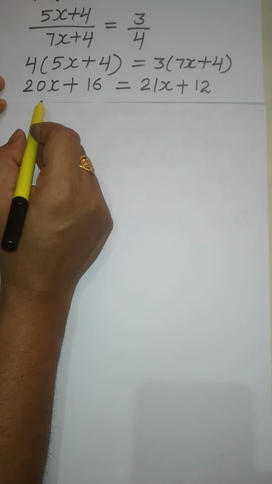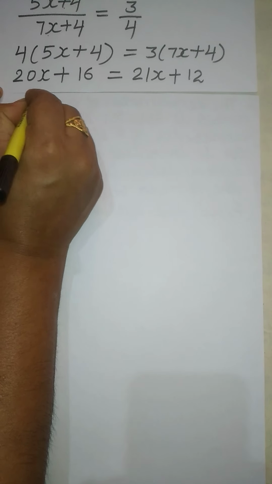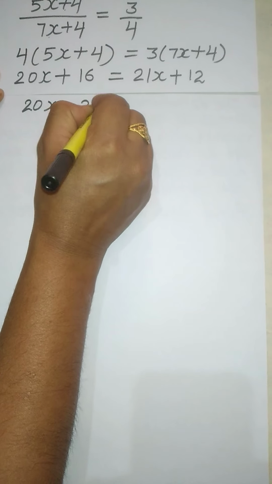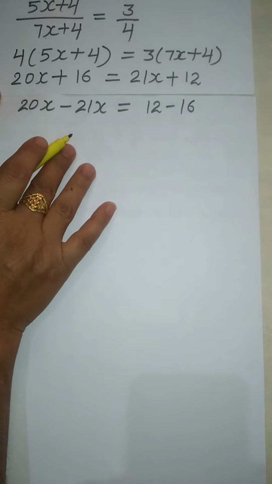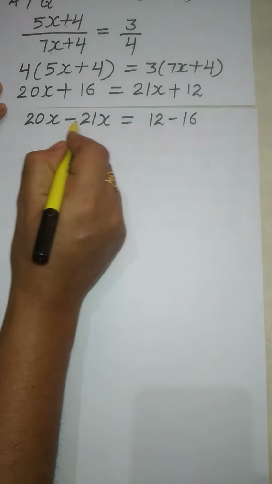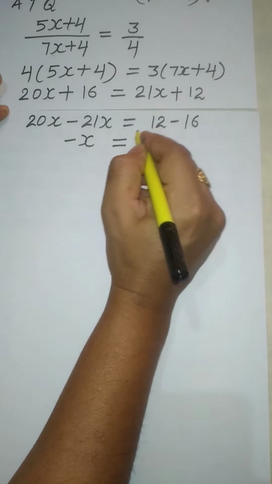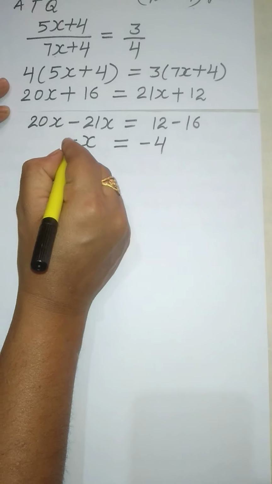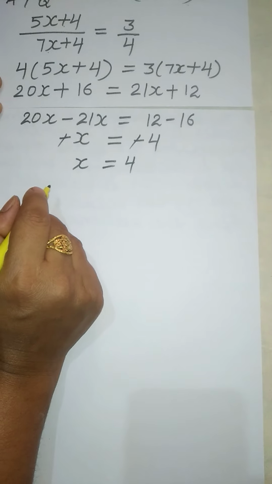Now arrange the variable terms and the constant terms. 20x minus 21x is equal to 12 minus 16. 20x minus 21x will be minus x. 12 minus 16 is minus 4. Minus minus cancelled each other. x is equal to 4.